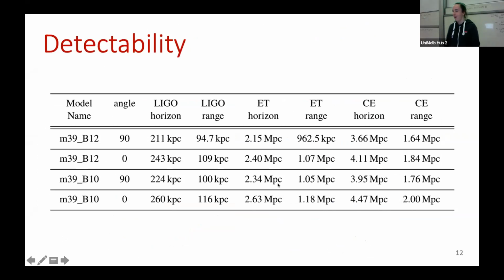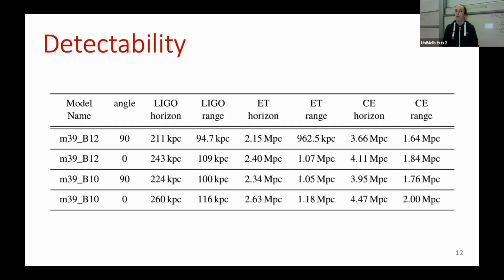And this is how far you can detect them with current LIGO detectors and some future proposed detectors, Einstein Telescope and Cosmic Explorer. But these are a lower limit on detection distance because we only include a small part of the total gravitational wave signal still, even though ours are longer than the others.